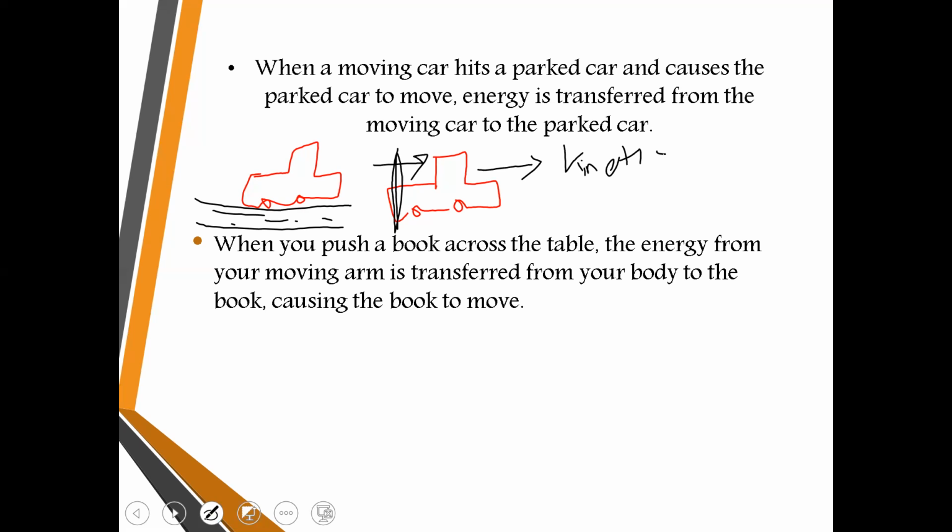Another example, when you push a book across the table, the energy from your moving arm is transferred from your body to the book, causing the book to move. When you read these examples, you say it is okay, we know it. We know that will happen, but you don't know why.